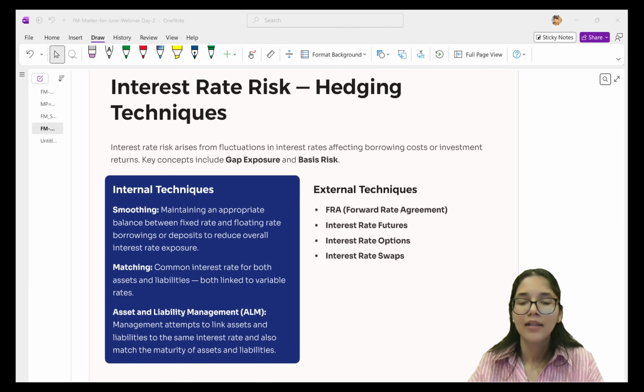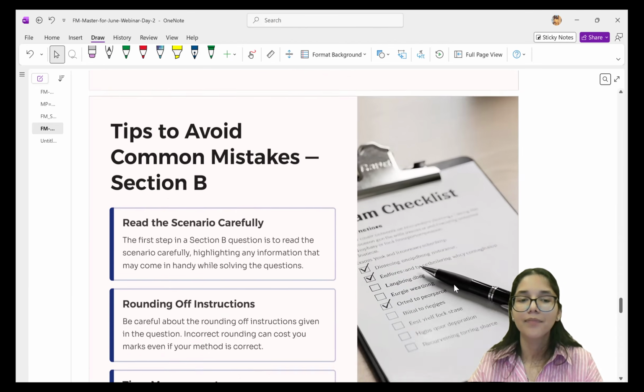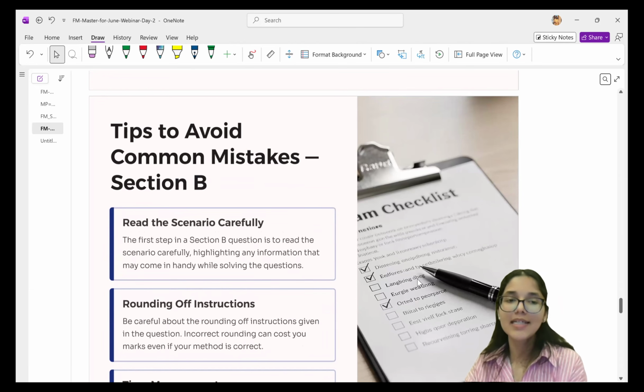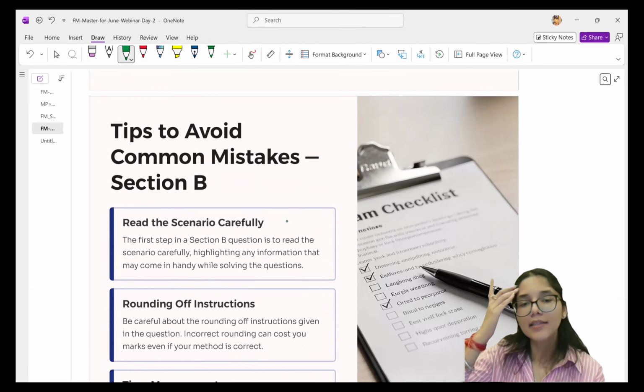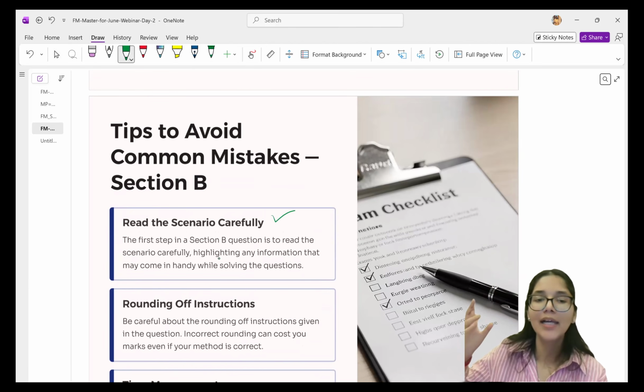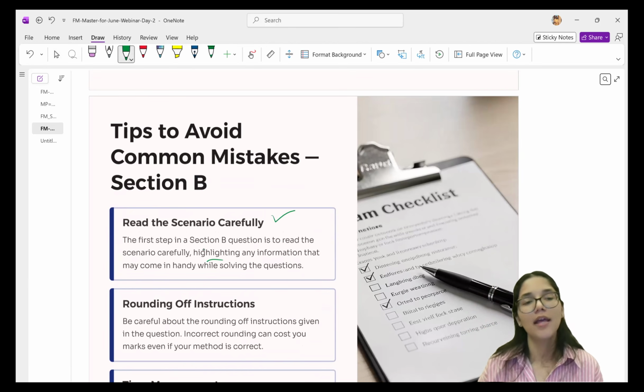Okay. Are we ready to go for question practice now? Not before we have a quick look at the tips that I had given to you earlier. Firstly, in section B, we will read the scenario very, very carefully, highlighting any information that we think could be of use later.